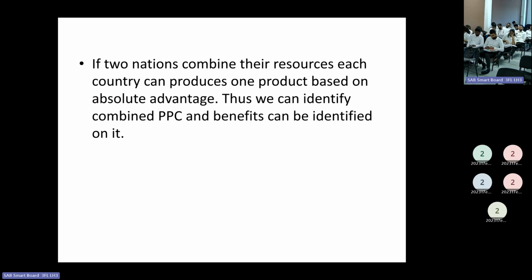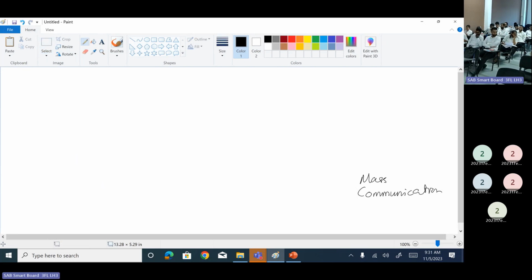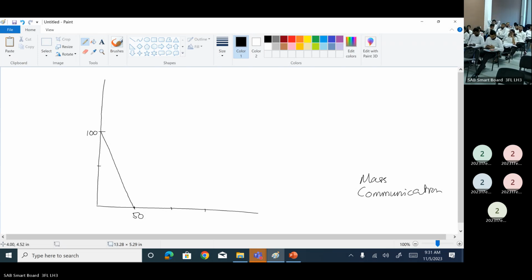So combining the PPC, we can talk about the benefit. This is the Sri Lanka PPC, and when it comes to South Korea, they produce 50.